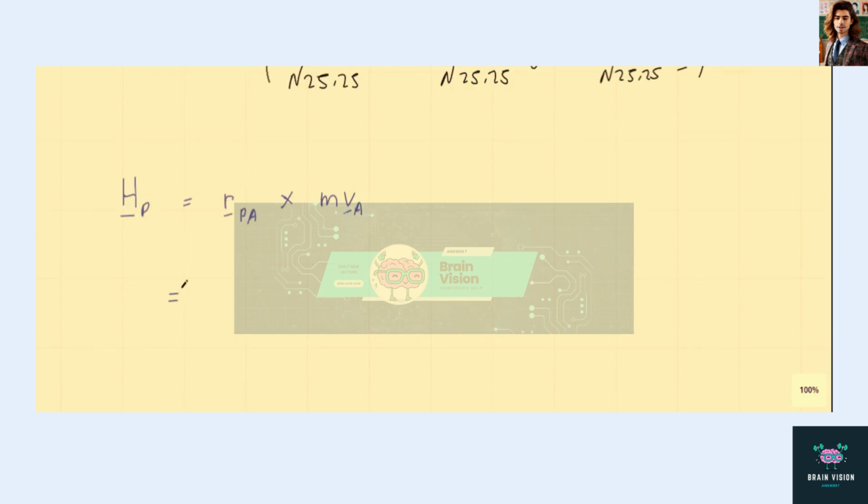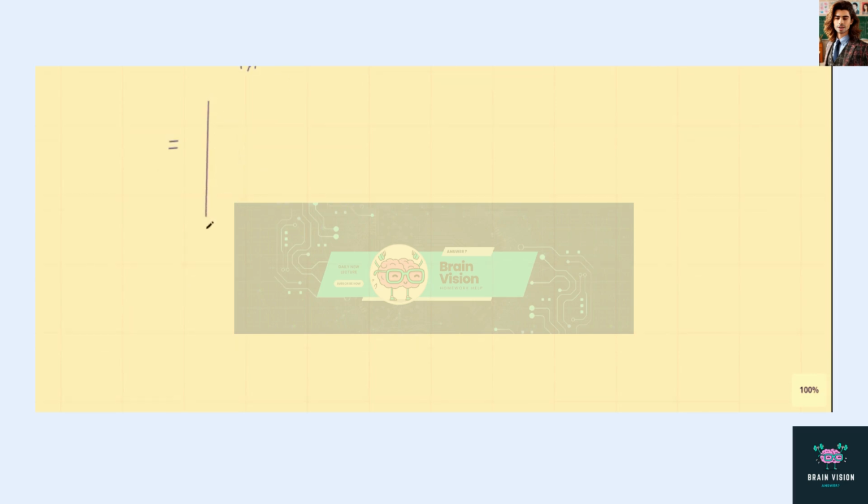Both will give us the same answer. So we can use the method of cofactors, and we can find this angular momentum. So we have i, j, and k components for each. And firstly, for r_PA, this is 3, minus 3, and 0.